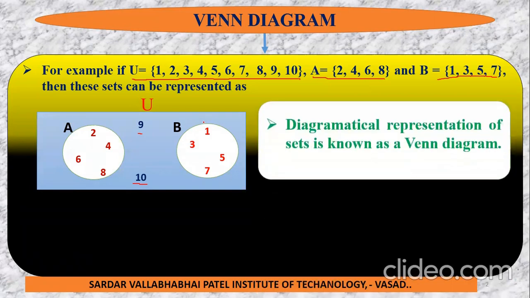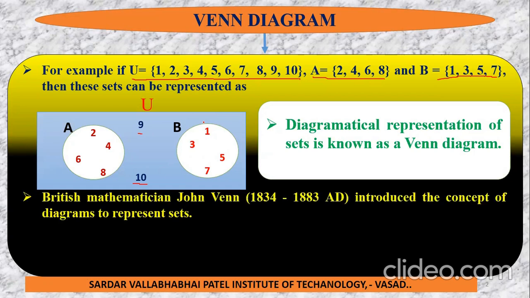So what is the meaning of the Venn diagram? The diagrammatic representation of sets is known as the Venn diagram. A British mathematician, John Venn, introduced the concept of the diagram to represent a set.